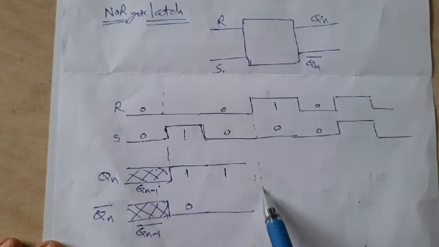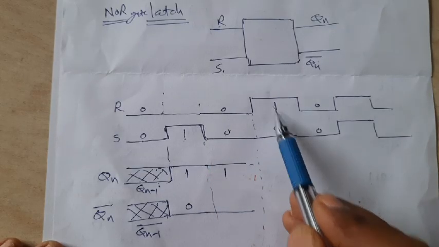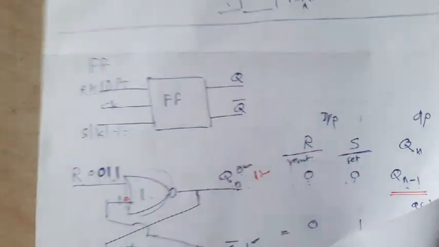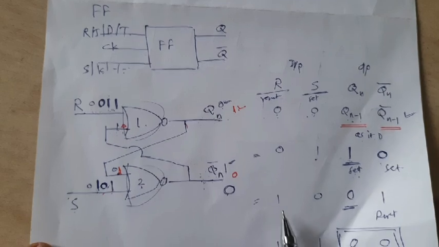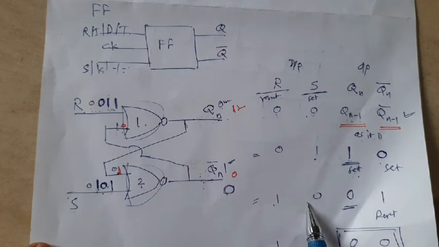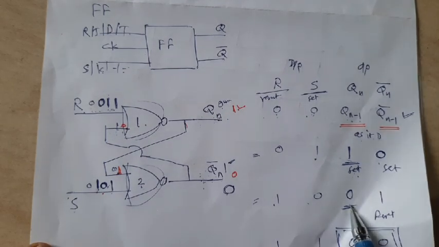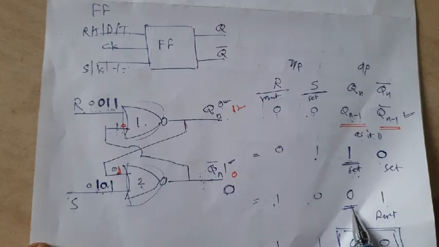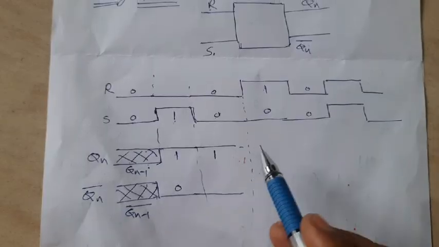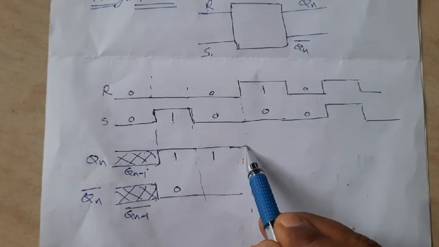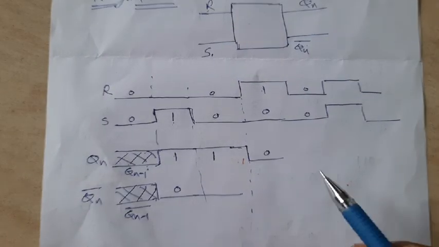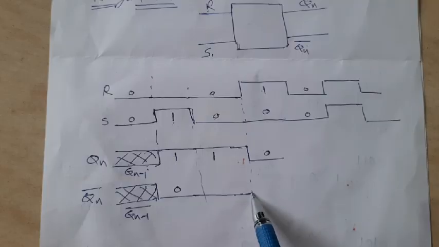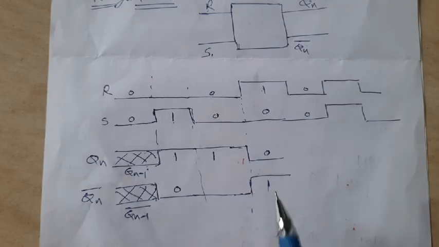At this particular point, R is 1 and S is 0. We can observe that the flip-flop gets reset. This Qn output is 0, it is reset. So here Qn changes to 0 and Qn bar becomes 1.